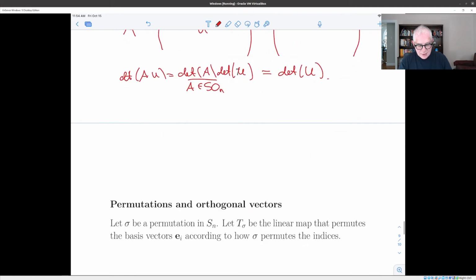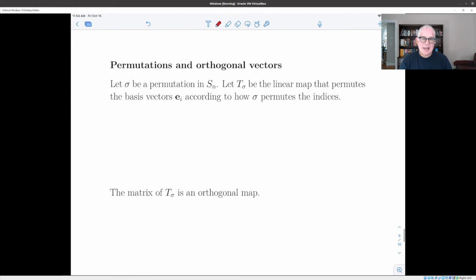Now, there's a connection to what we've talked about with regard to permutations, because one kind of orthogonal transformation is just a permutation. So let's look at our original basis vectors, e1 up to en. If you like, these are the higher dimensional versions of i, j, and k.